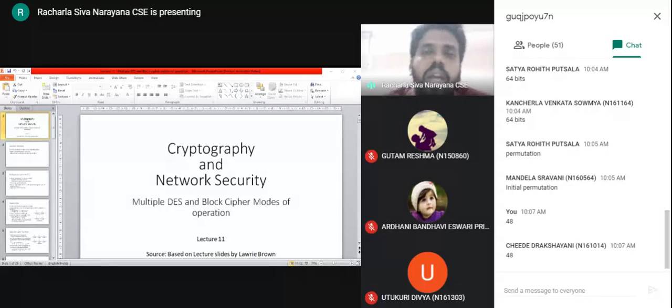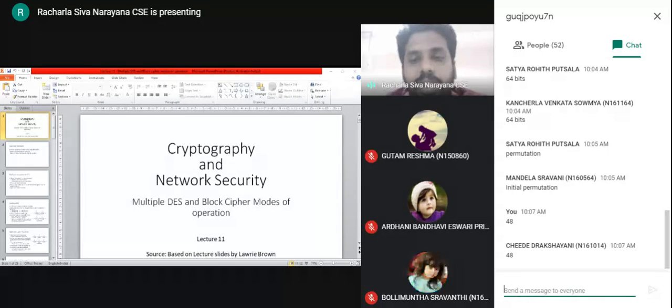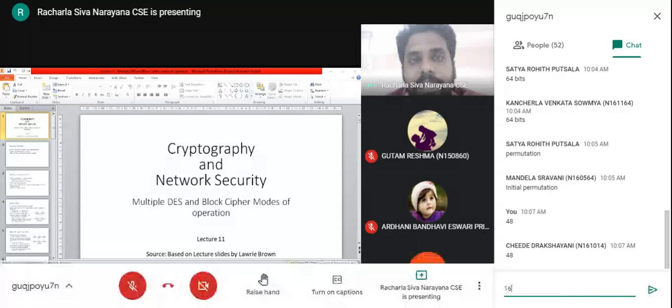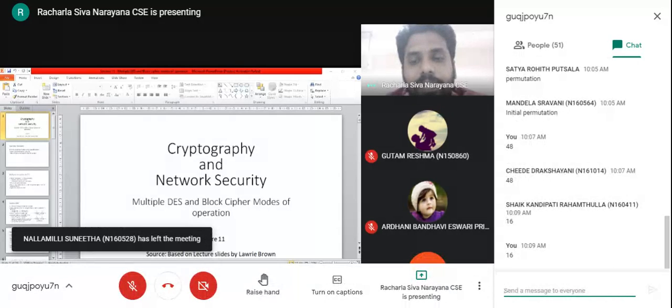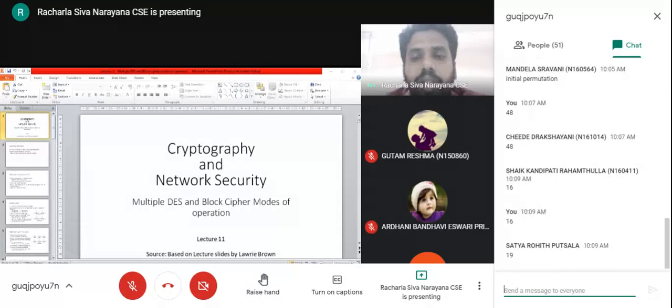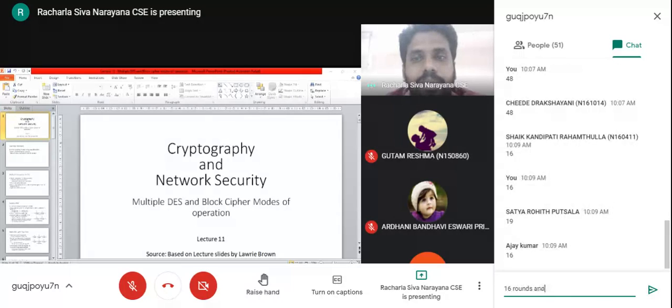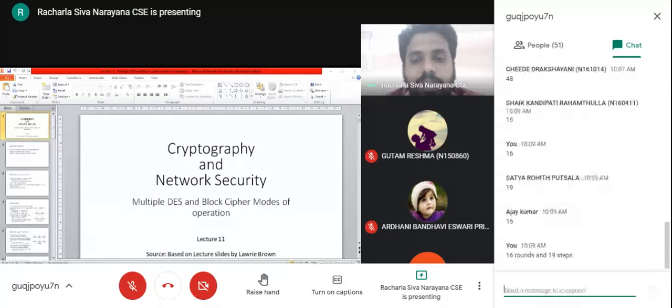In this way, how many round functions do we have in DES? How many round functions are in DES? So 16. In total we have 16 round functions.